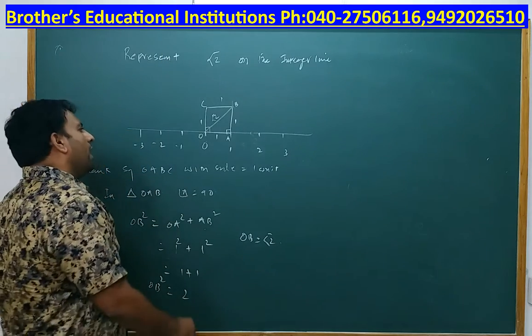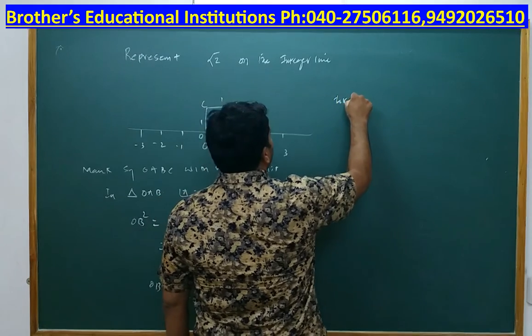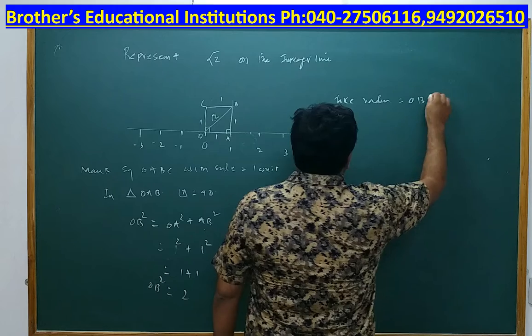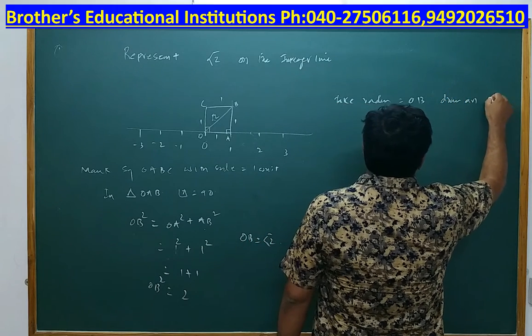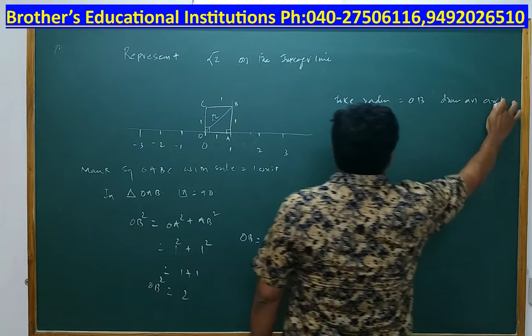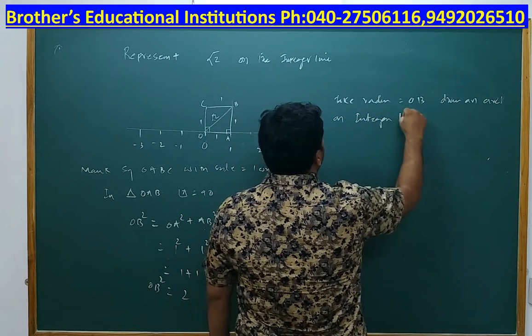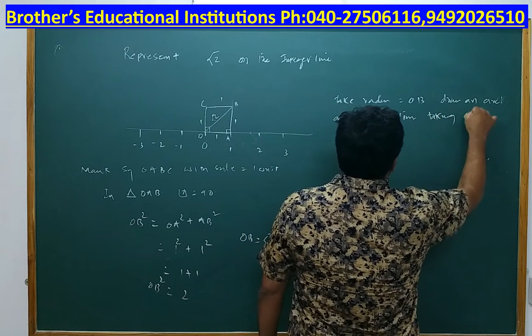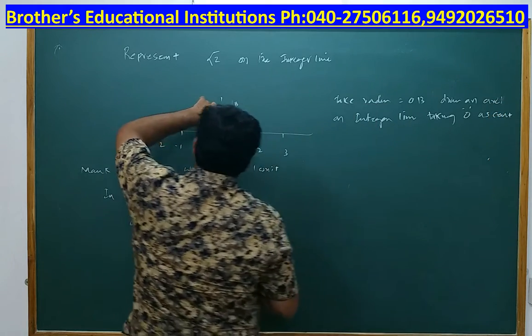Now once you know it is a square and the diagonal length is root 2, I will take a compass, taking the radius equal to OB. Draw an arc on the integer line taking O as center.